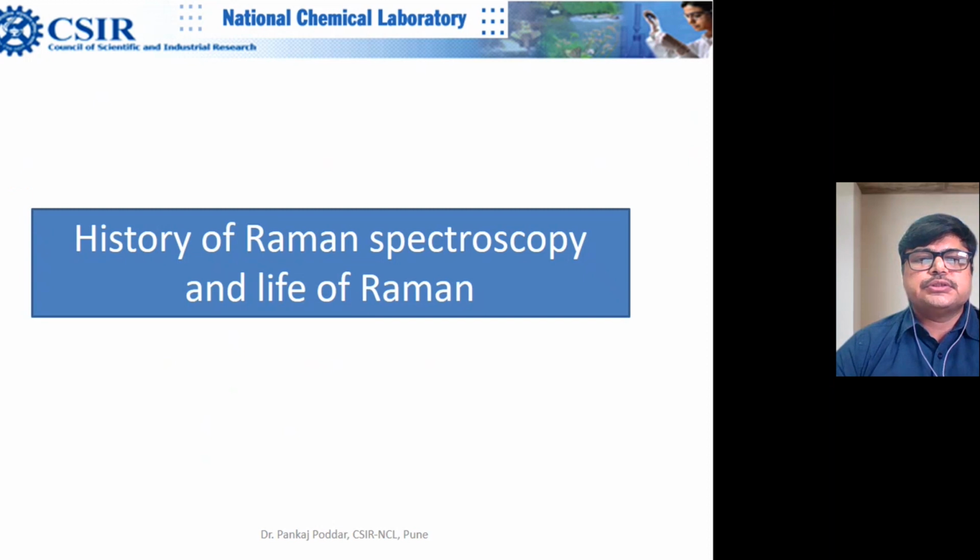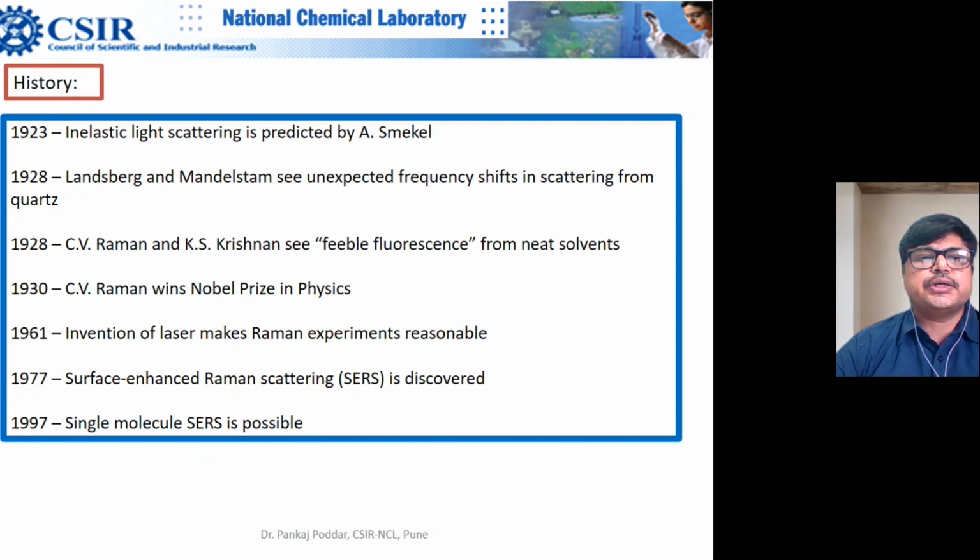So let us first discuss the history of Raman spectroscopy and the life of Raman. All of you are aware of the origin of Science Day on 28th of February, which is related to Professor C.V. Raman's discovery of the Raman effect.